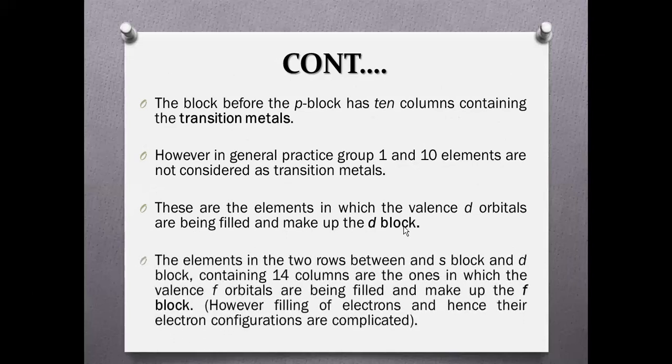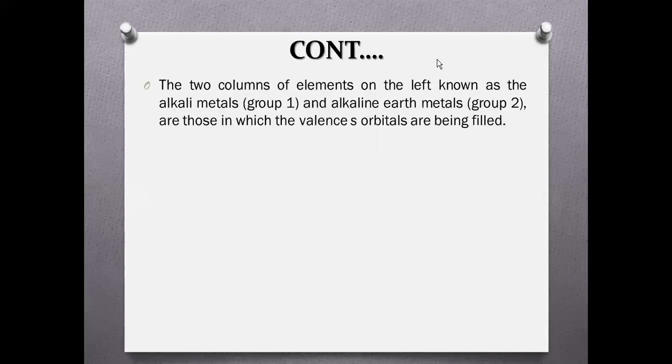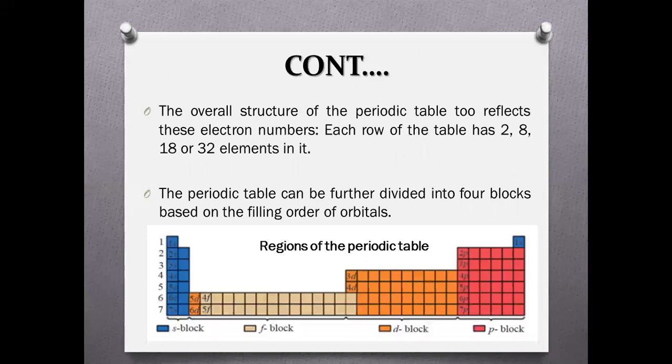So the elements in 2 rows between the S block and D block containing 14 columns. So you have seen here, right? P block, D block, right? You can see 2, 4, 6, 8, 10, 12, 14. The 14 elements, these elements are called what?